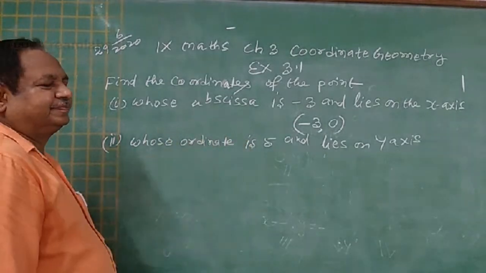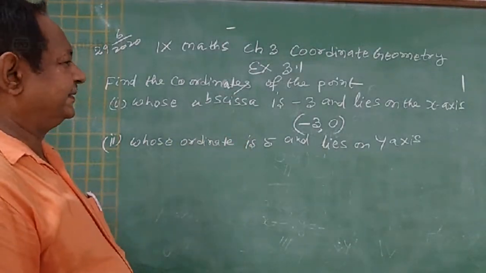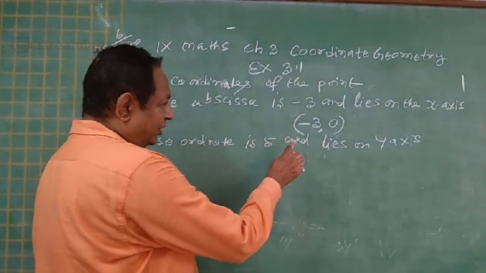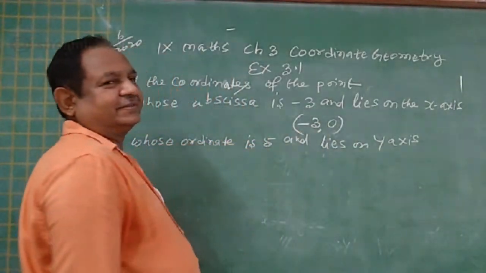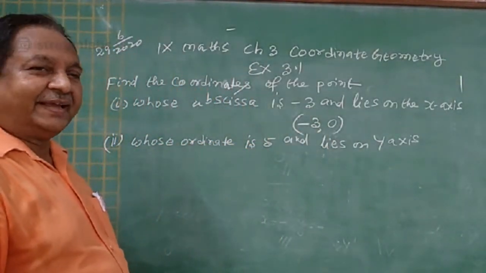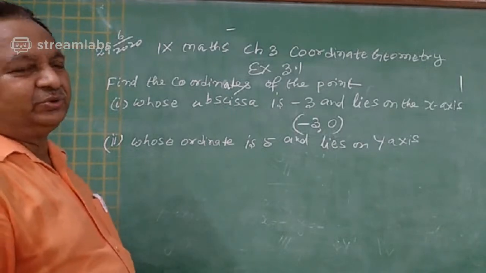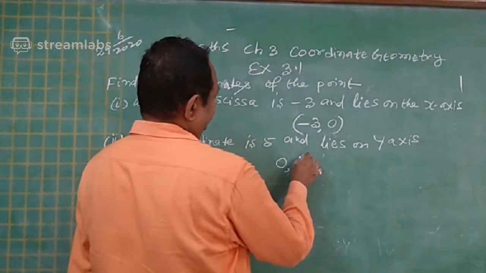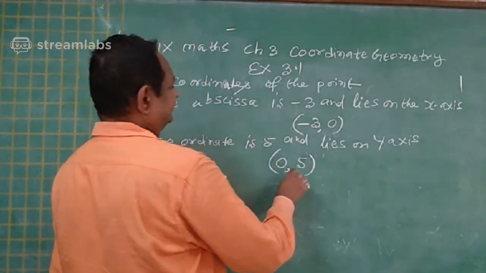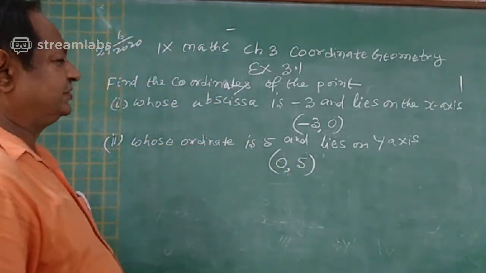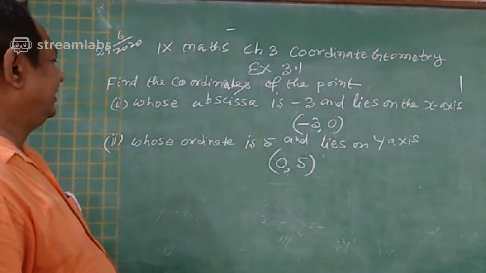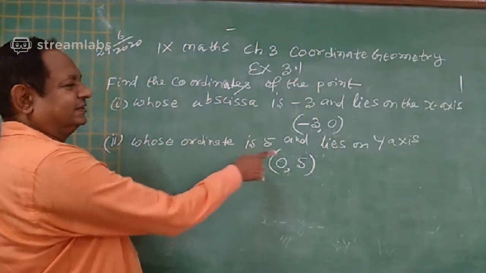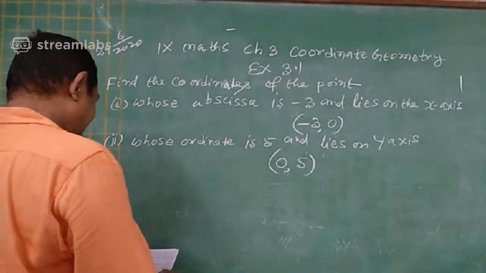Ordinate means y-coordinate. When the point lies on y-axis, its x-coordinate will always be equal to 0. So this point will be represented by x-coordinate 0 and y-coordinate, that is ordinate, 5. So this is the answer.